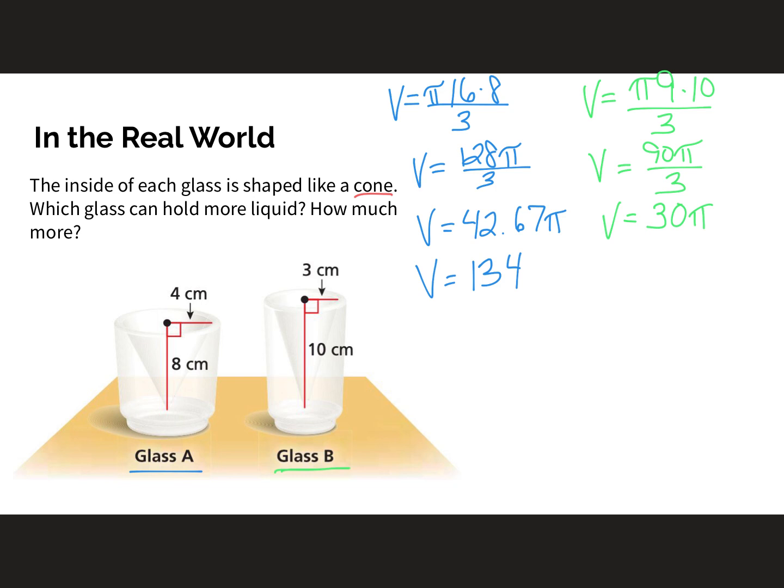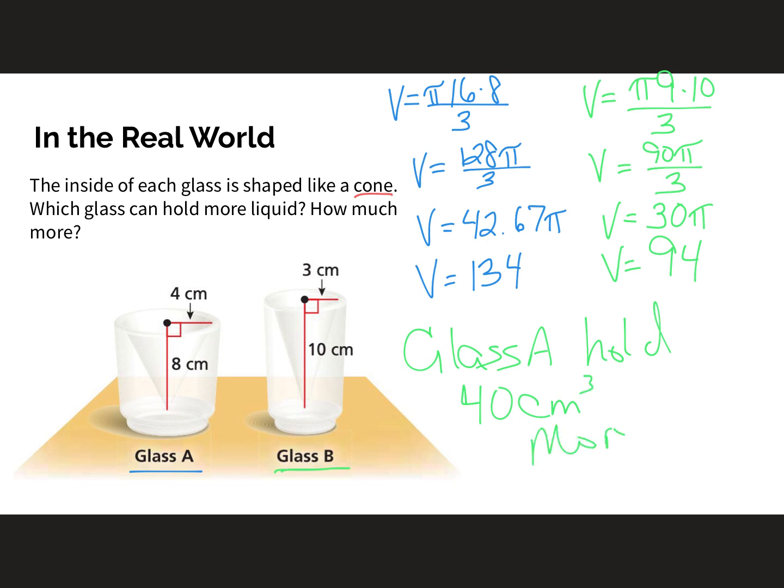And 30 times 3.14 gives me a volume of 94. So glass A holds about 40 cubic centimeters more. Okay, go ahead and try these on your own, and I will see you in class.